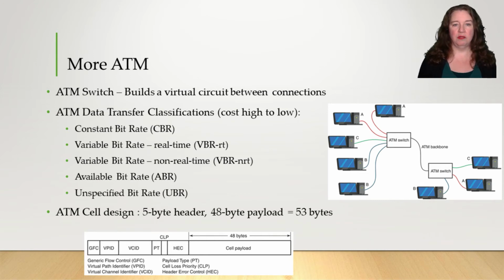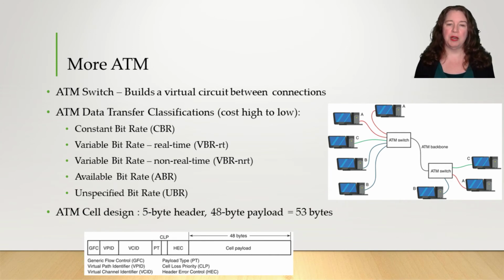If we're sending video calls with voice, we're going to go faster. So our variable bit rate is going to adjust as necessary in these situations. The variable bit rate non-real time is generally used for streaming of videos. You still want it to be quick, and it's important that the timing stays there, but it isn't a real-time thing. You can do buffering.